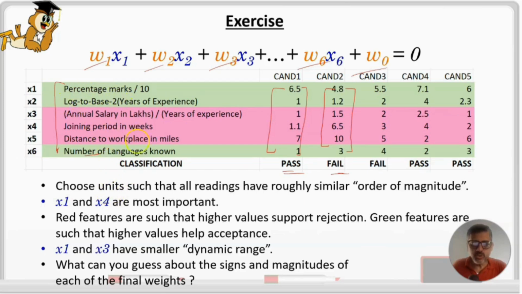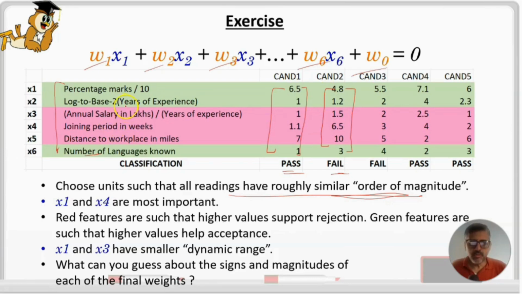Each of these can have units such that all readings have roughly similar order of magnitude. So for percentage of marks, typically percentage of marks may go from 40 to 70 or whatever, depending upon how the grading is done. But I want you to divide it by 10. So these real numbers go from, let's say, 4 to maybe 7.